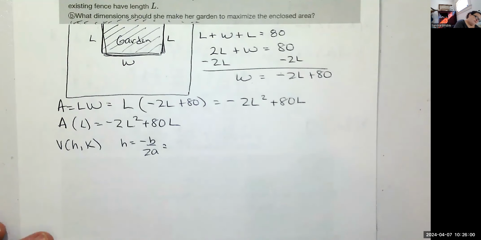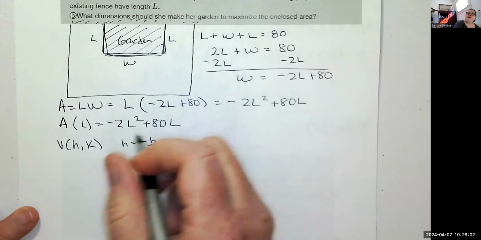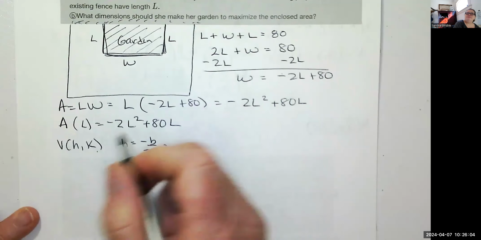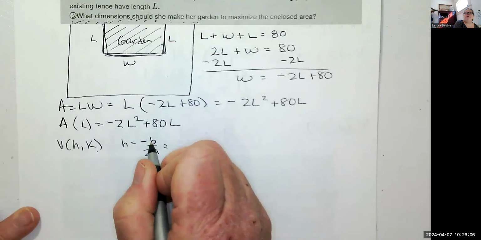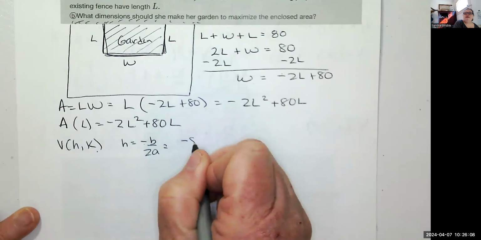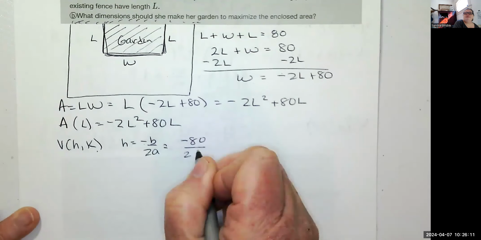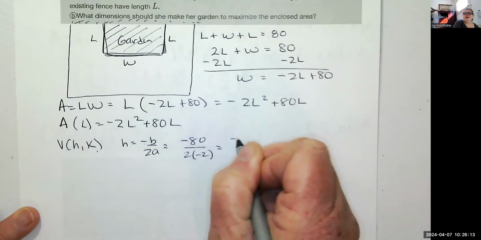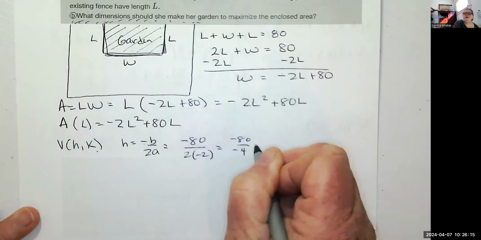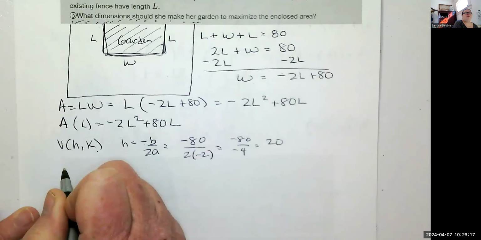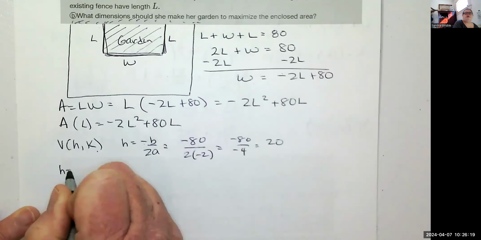And then the K is going to give us the area that we would maximize this with. So negative B is negative 80 over 2 times negative 2. Negative 80 over negative 4 is 20. So our length, our H, is 20.